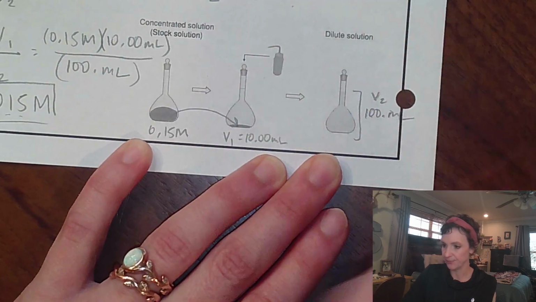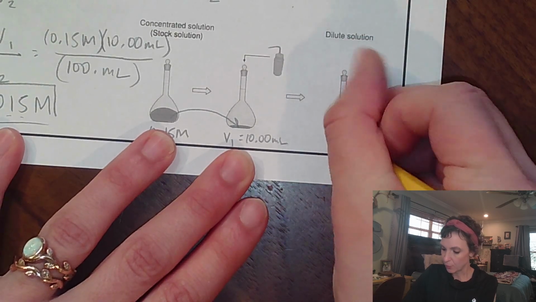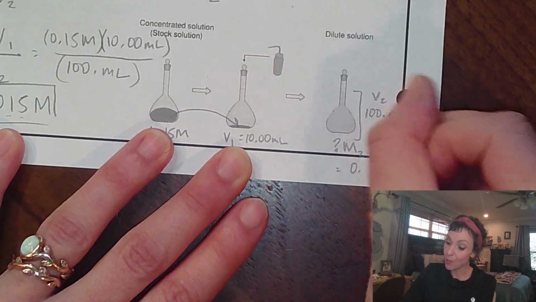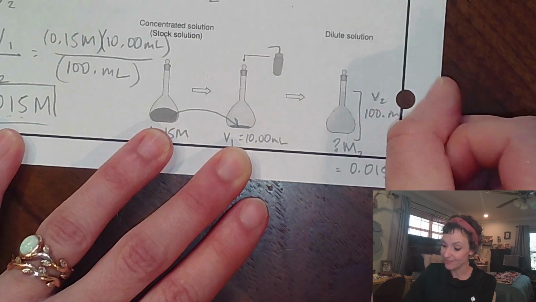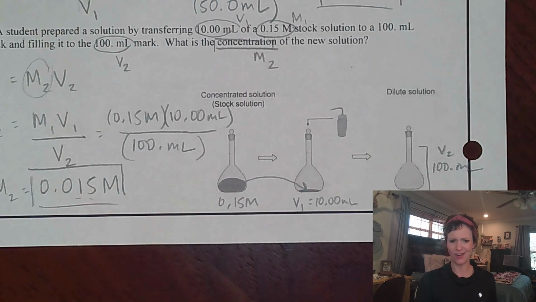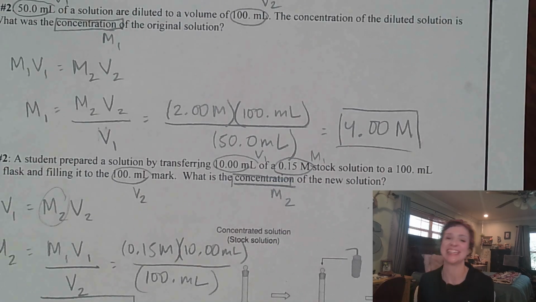So that's my V2, which means my M2, my question mark molarity, we figured out was equal to 0.015 molar, which is really cool and really exciting. So that's our conversation on concentration and diluting things of different concentrations to make a solution of any desired amount of solute in a given amount of solvent.